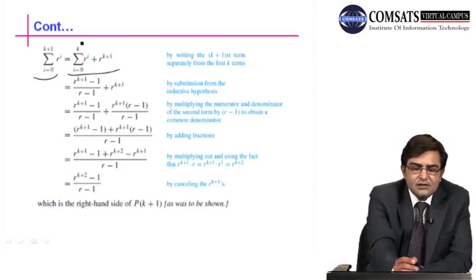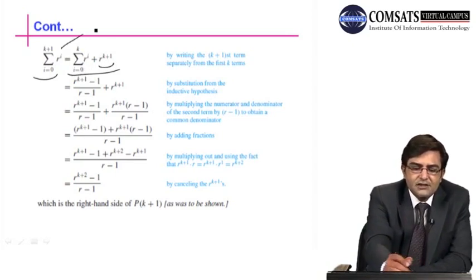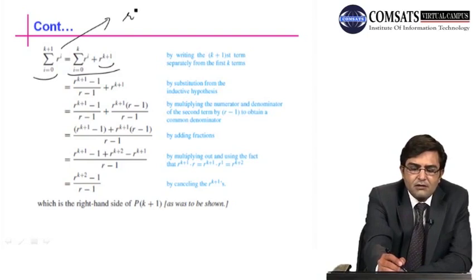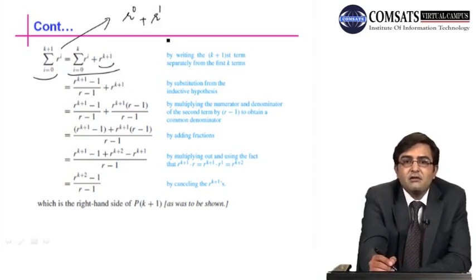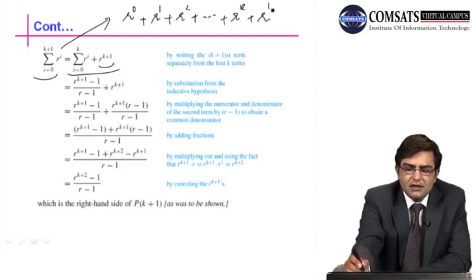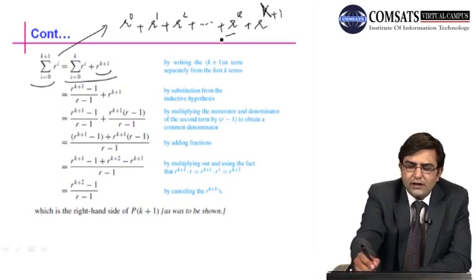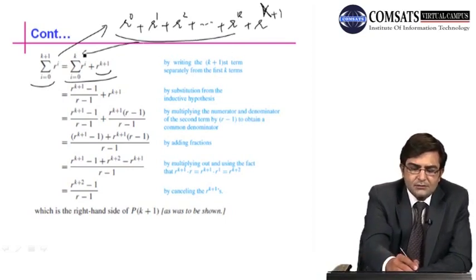So the last term we have expanded here, and the rest of the k terms are in the summation notation, because this is written as r to the power 0, r to the power 1, plus r to the power 2, and so on, plus r to the power k, plus r to the power k plus 1. This is k. So we again summed these terms and the last term is written separately.